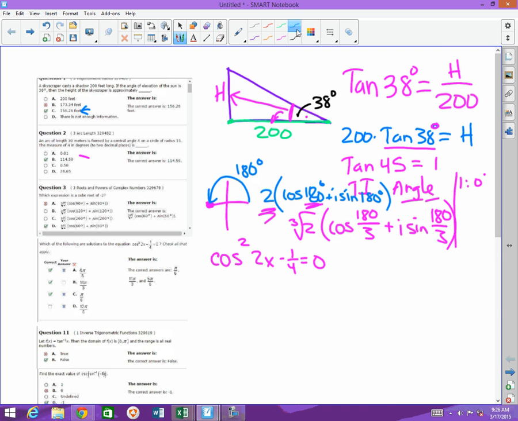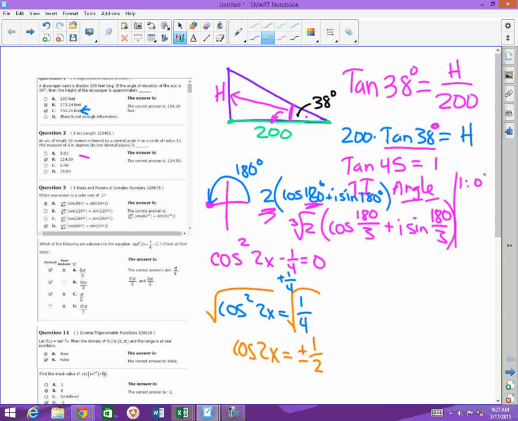All right, so then to solve this, first thing you do would be to add 1/4. So then you have cosine squared of 2x equals 1/4. Next thing you do is take the square root, and then you have cosine of 2x equals plus and minus 1/2, because the square root of 1 is 1, square root of 4 is 2.